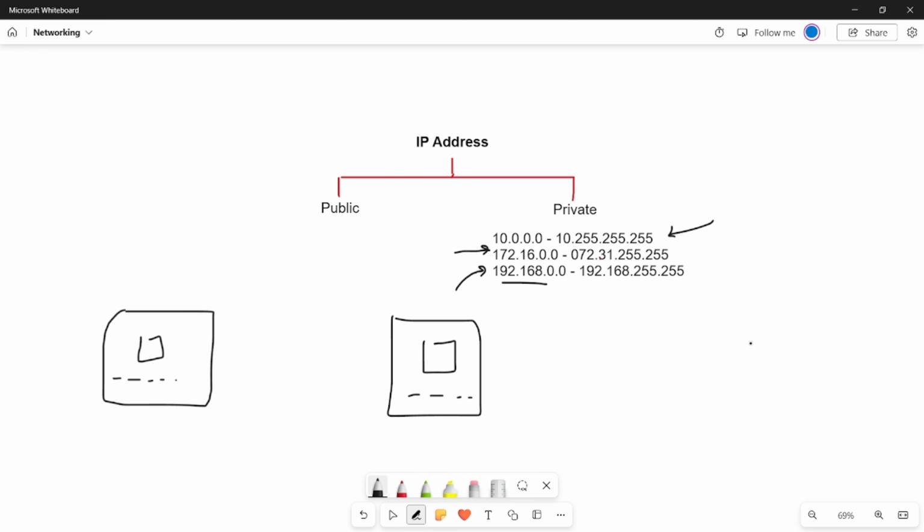So you have to keep in mind what the ranges are that we can use for our private IP addresses. Even though I say this is for class A, class B and class C, we have to keep in mind that private IP means classless IP addresses.